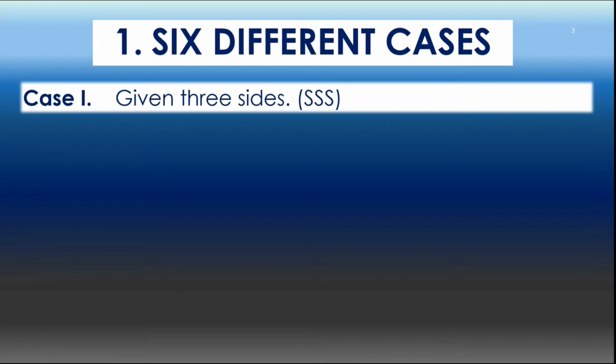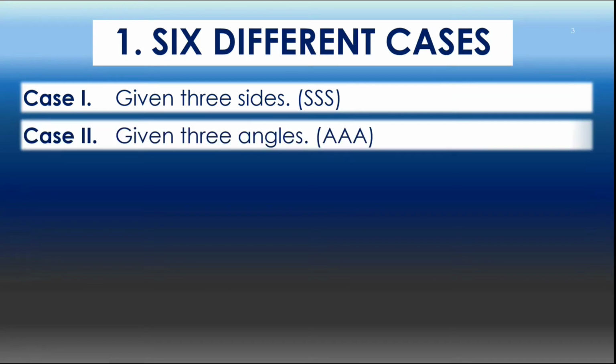So case one, if three sides are given, or the SSS, what formula can be used here? How are we going to solve the said oblique spherical triangle? Then case number two, if three angles are given, how are we going to solve it? This would mean that we're going to solve for the sides.